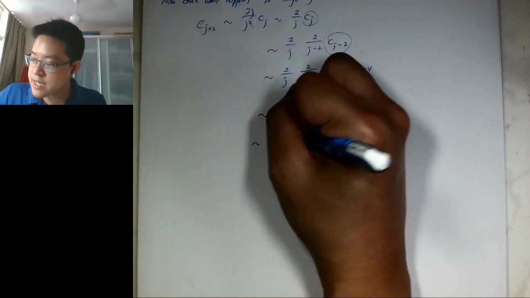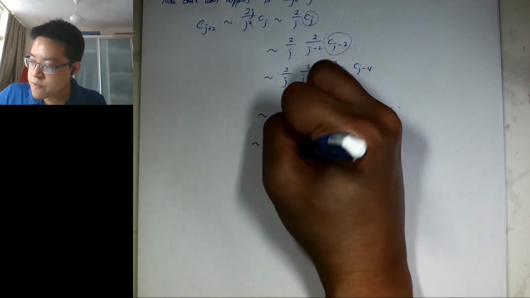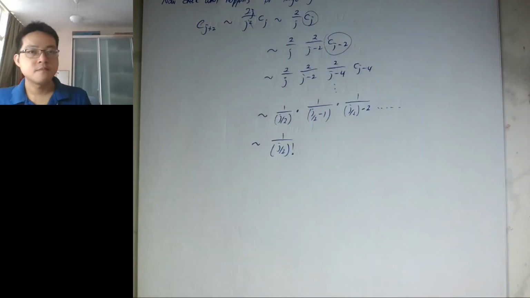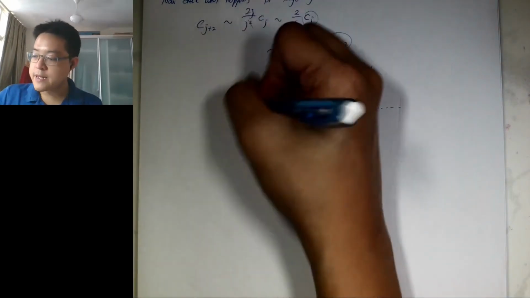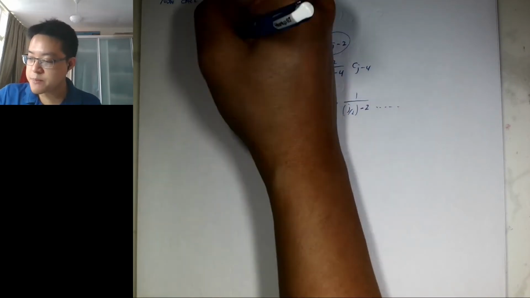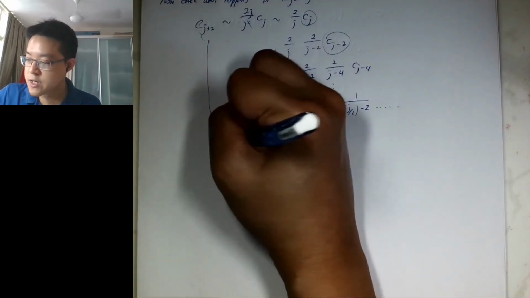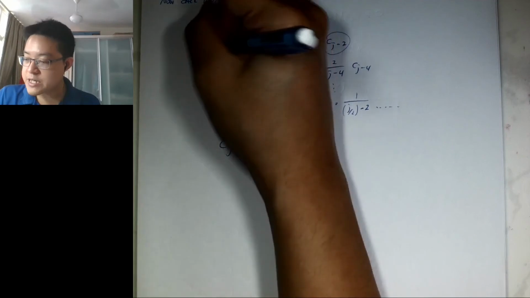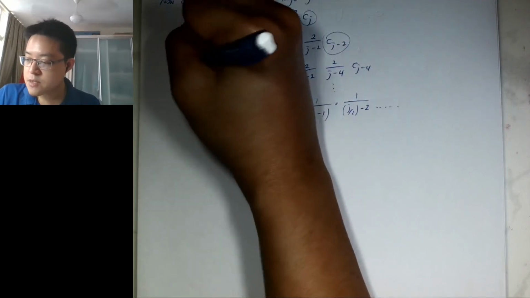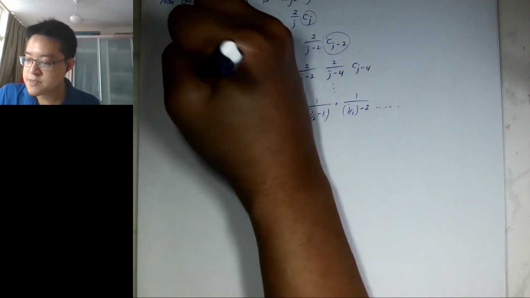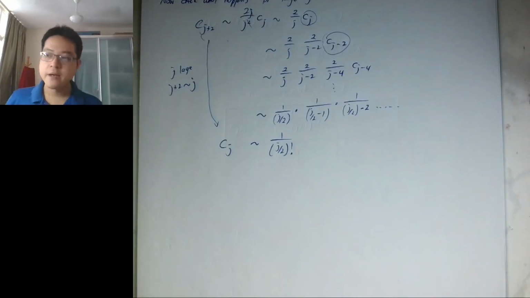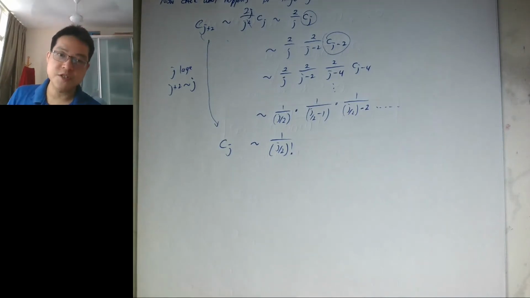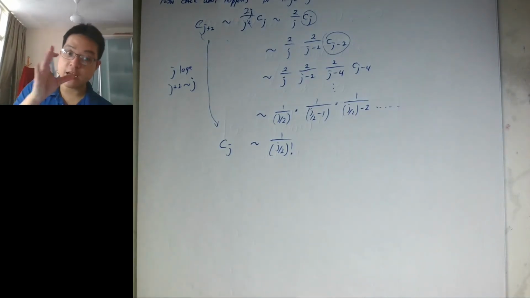So this is actually something like j over 2 factorial. And then this whole thing was supposed to be Cj minus 2, right? I would further argue that since j is large, j plus 2 is still close to j, so this is like Cj, right?